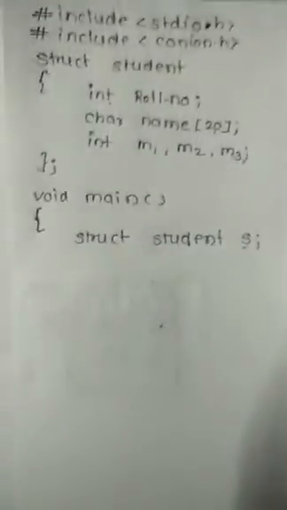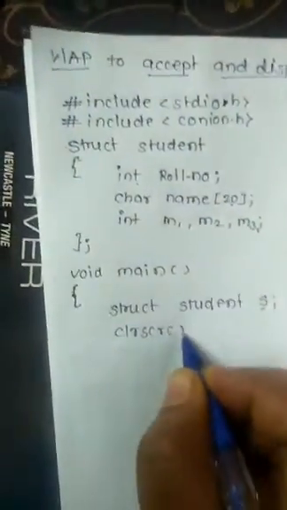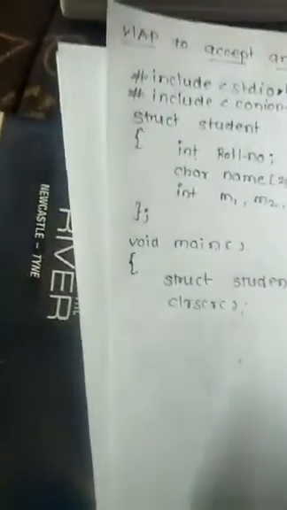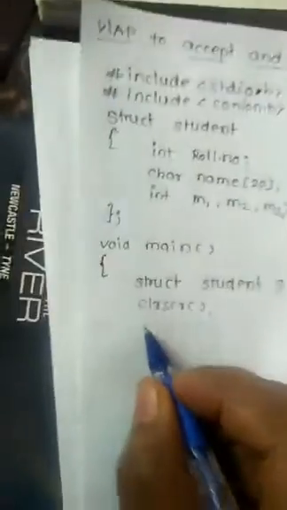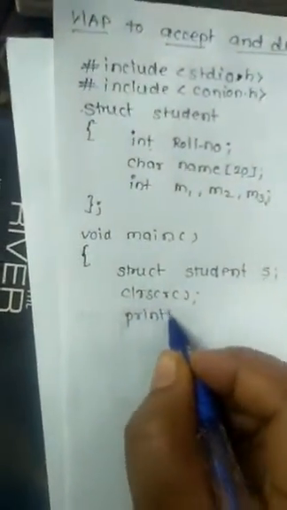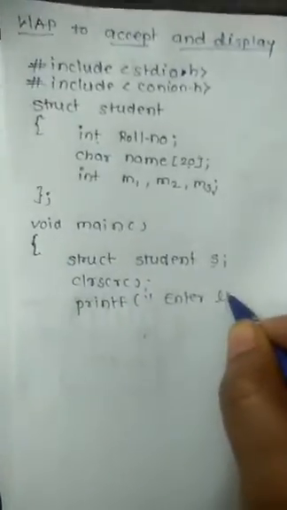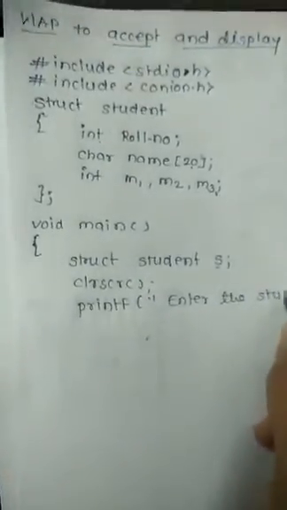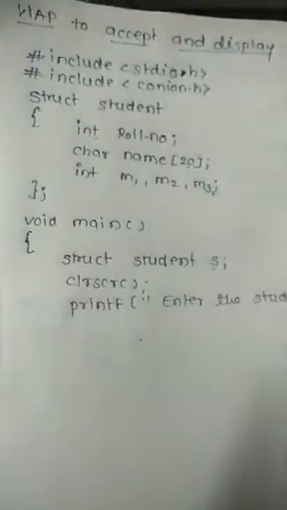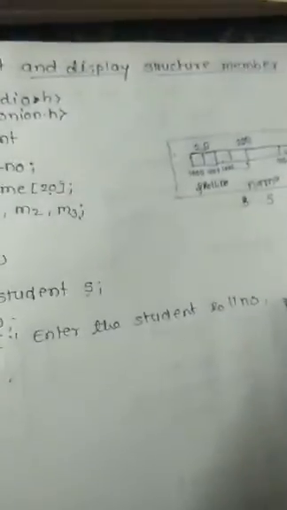So first of all, when we take the inputs from the user, you have to give a message. The clrscr function clears the screen, and we give the message to the user to enter the data. So printf: enter the student data, meaning roll number, comma, name, and M1, M2, and M3 marks.